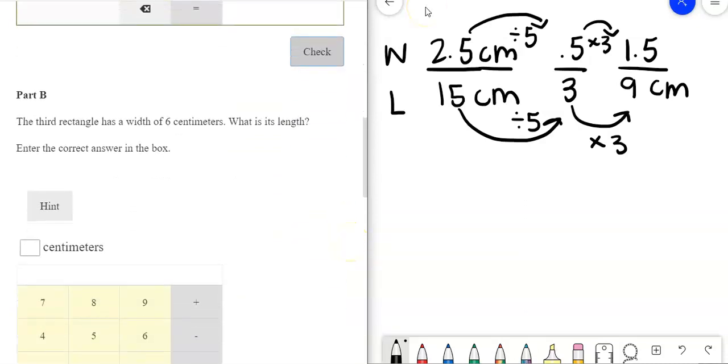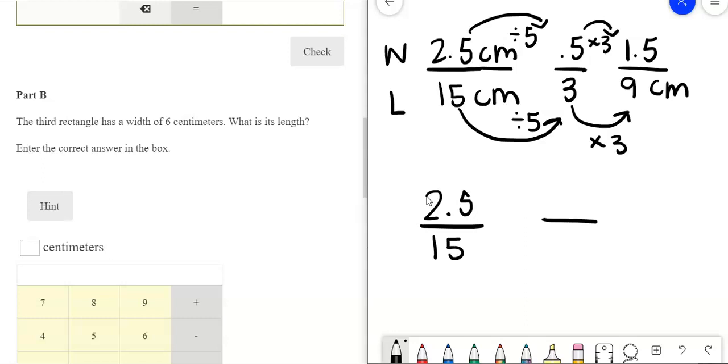Part B, the third rectangle has a width of 6 centimeters. So I'm going to take our 2.5 over 15, and the width was 6. To get 2.5 to 6, I'd have to multiply by 2.4.